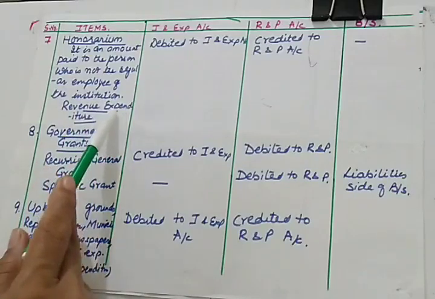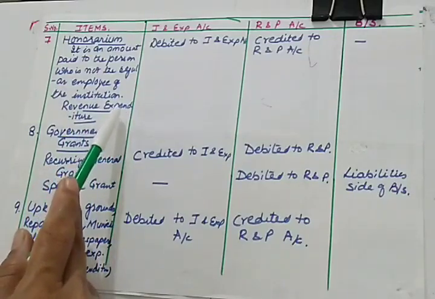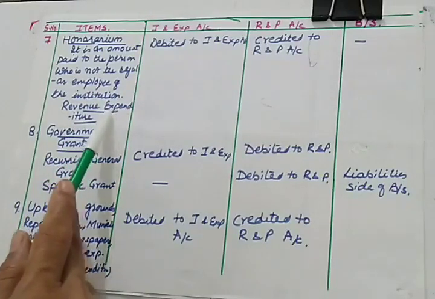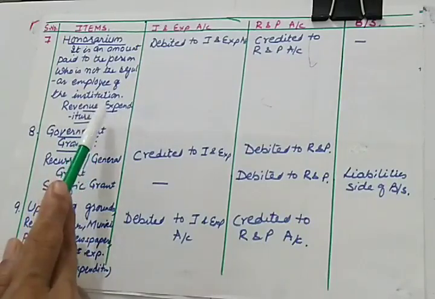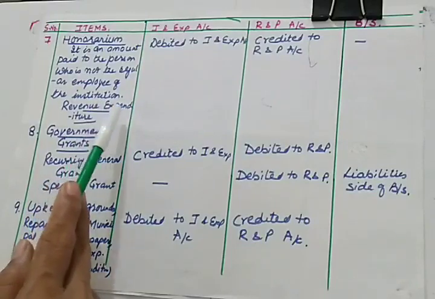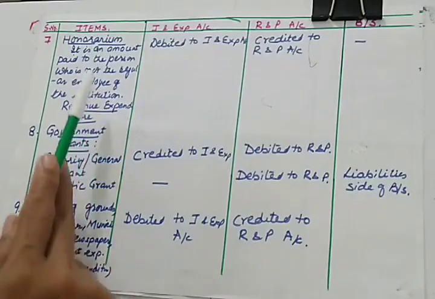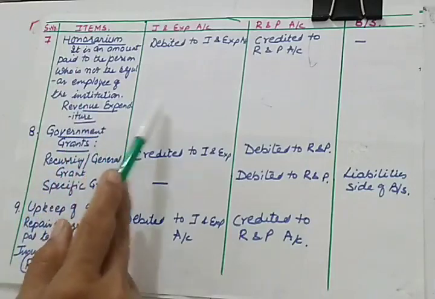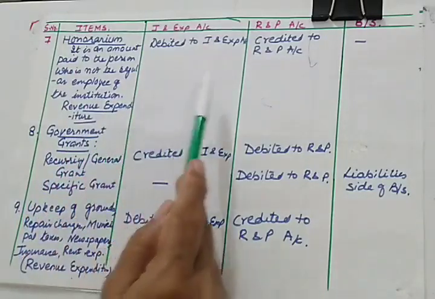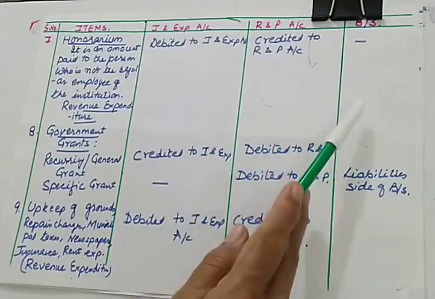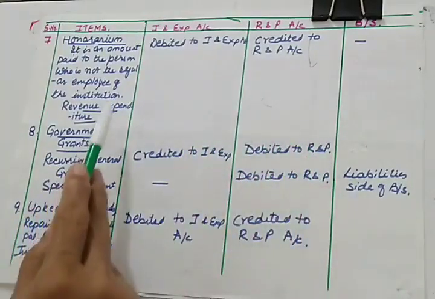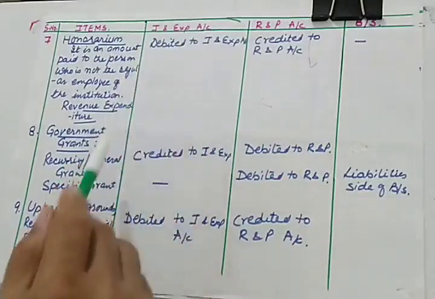So whatever payment is made to these people, like in our school we have organized a special lecture on cyber crime by Rakshit Tandon, whatever payment is made to these experts, that money is considered as honorarium. So it is a revenue expenditure, debited to income and expenditure and credited to receipts and payment account, because it's an expense, so that's why we are debiting it.